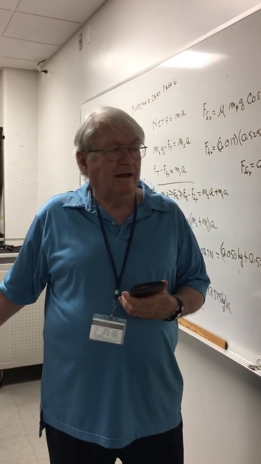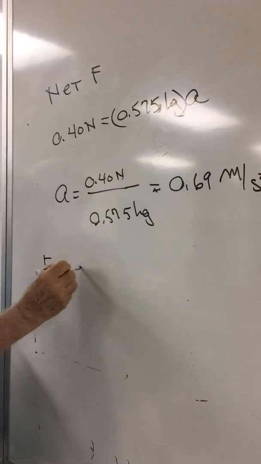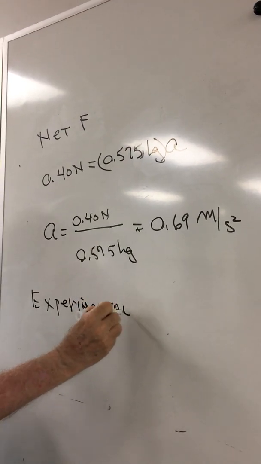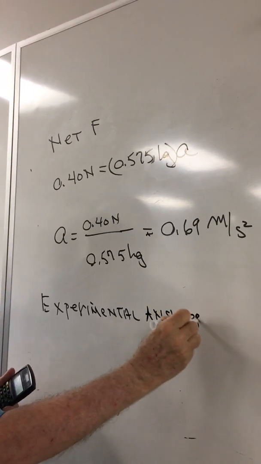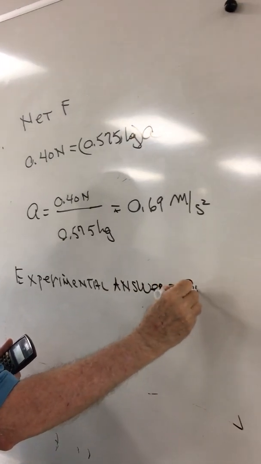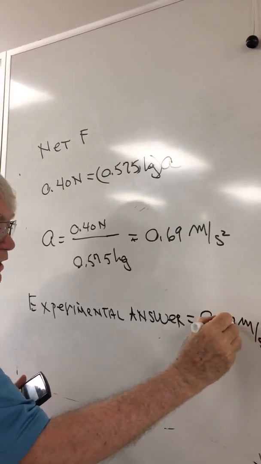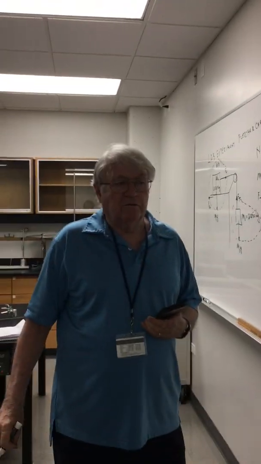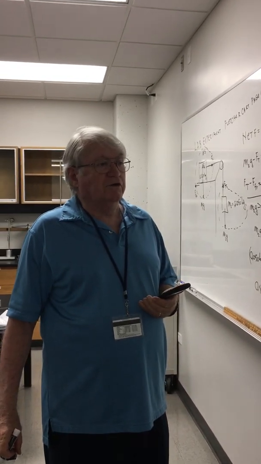Now when we worked it out over there, the experimental answer is about 0.67 meters per second squared. So they're off by about a couple of percent, but I'm not going to worry too much about that. You can figure out the percentage of error, but it's probably on the order of about 2% or so.